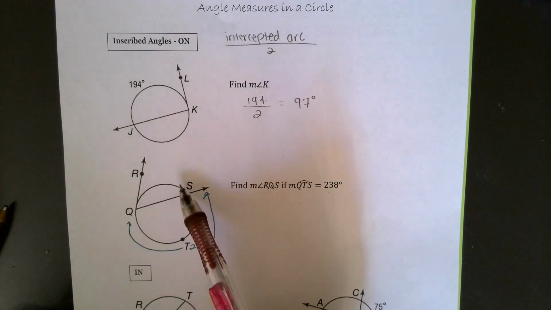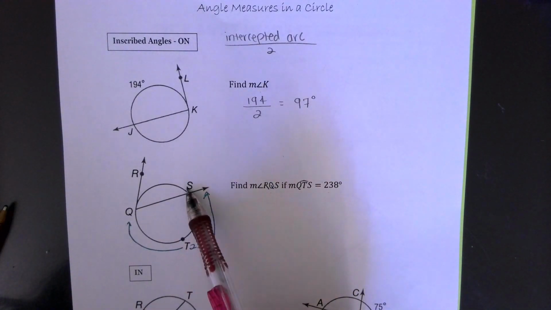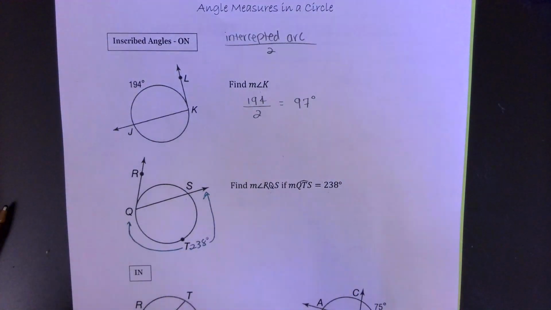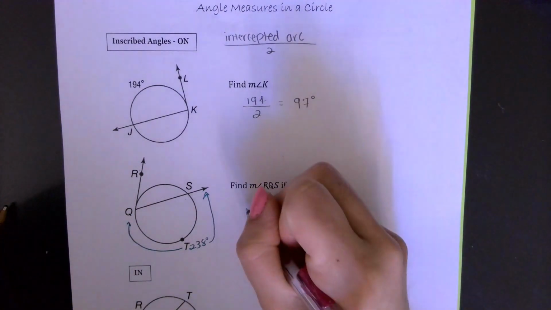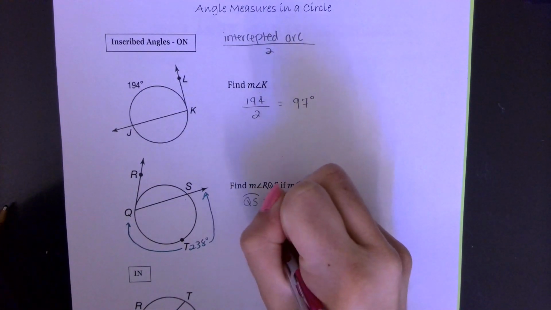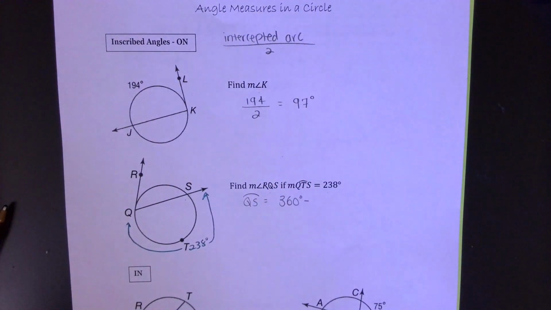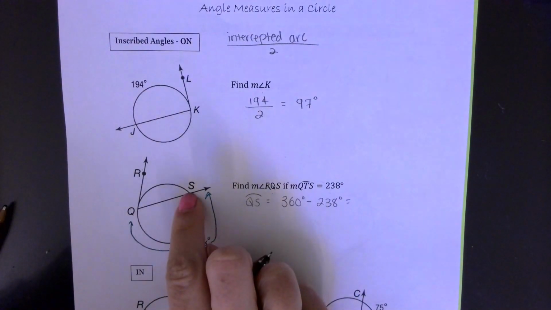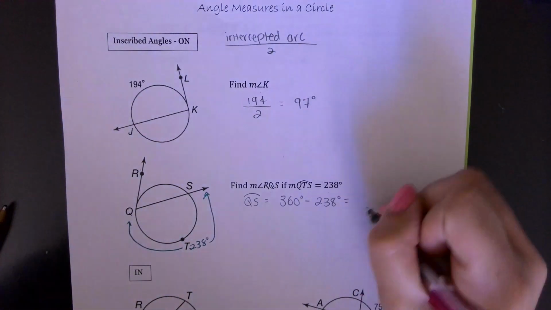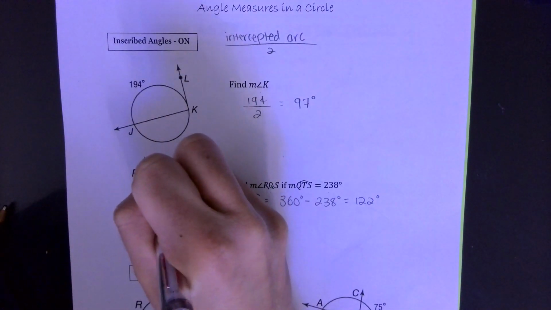So just keep in mind, the circle all around is 360. So if this portion is 238, we're going to subtract that from 360. So my arc QS is going to equal 360 degrees minus that 238 degrees. That means this arc right here is going to equal 122 degrees.